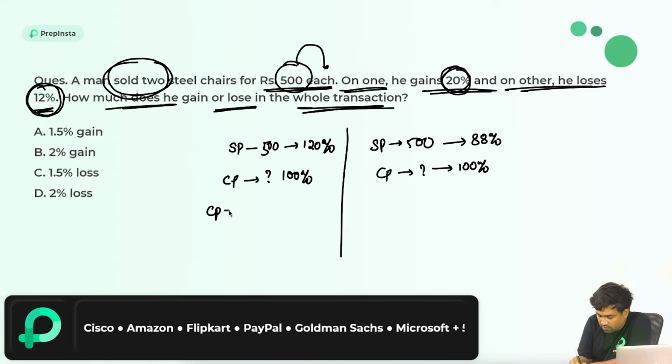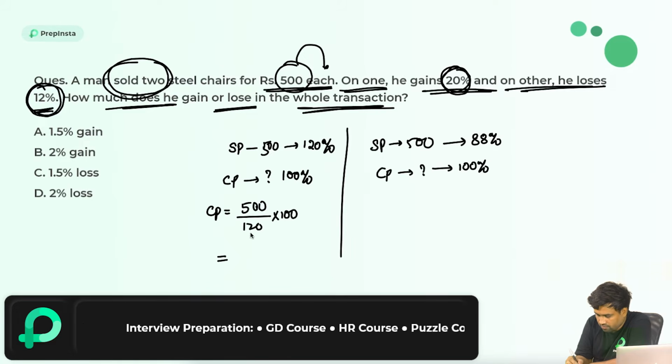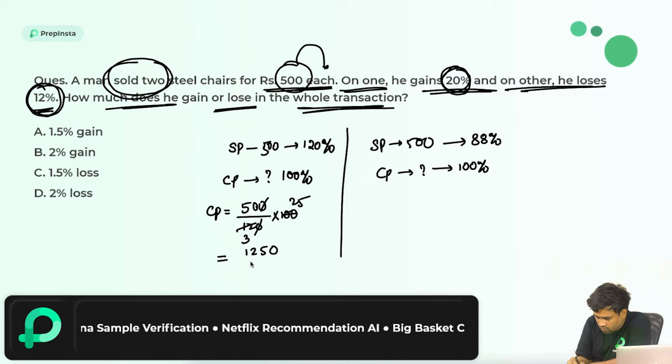So the cost price of the first article is nothing but 500 divided by 120 into 100. 0 got cancelled, 4 will cancel this 3 times, 4 will cancel this 25 times. 25 5s are 125, so 1250 divided by 3 is the cost price.